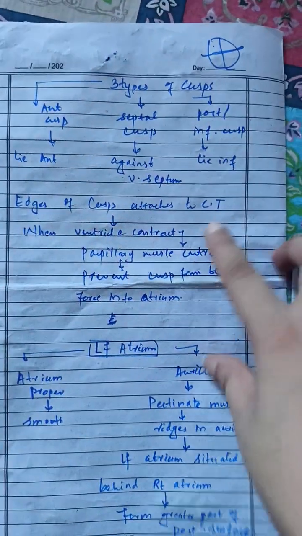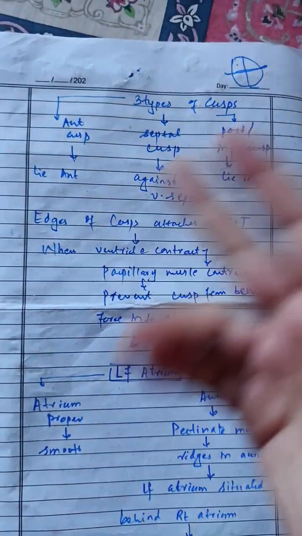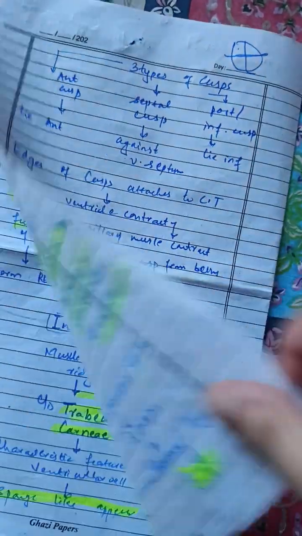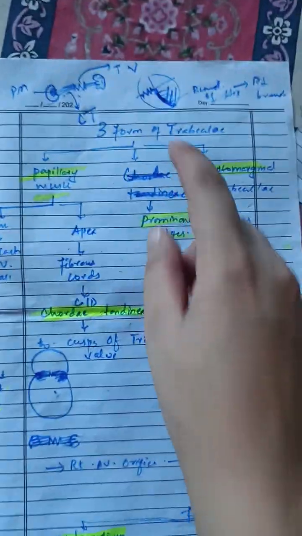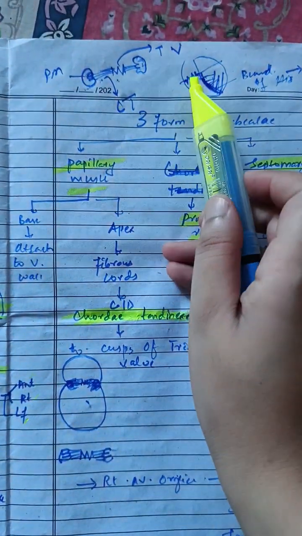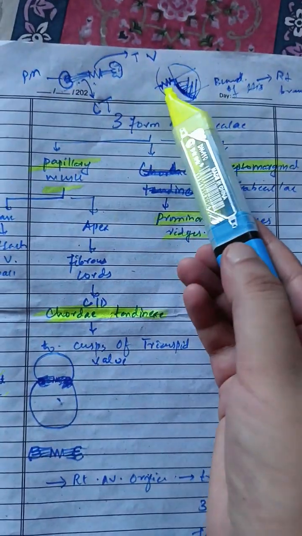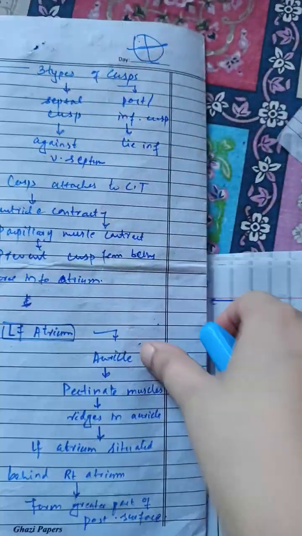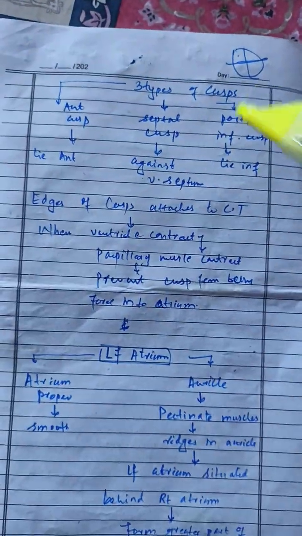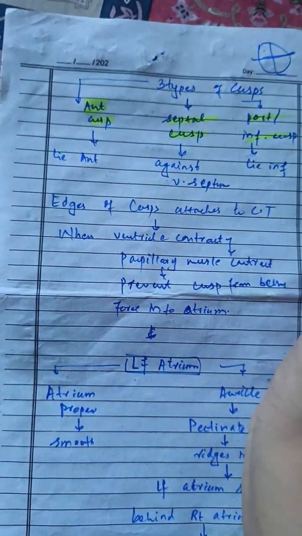Now, what are the types of cusp? We have already discussed the anterior cusp, septal cusp, and posterior cusp; these were the cusps of the pulmonary orifice. Now, the tricuspid valve, which lies in between the right atrium and the right ventricle, is also called the atrioventricular valve. It also consists of three cusps, formed from endothelium and connective tissue: the anterior cusp, the septal cusp, and the posterior cusp.